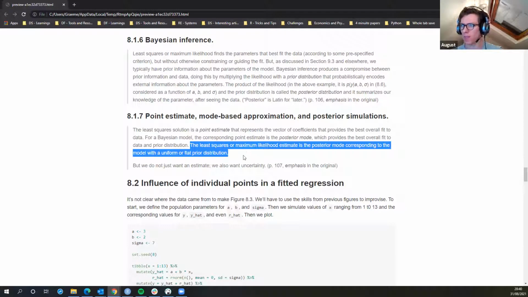It doesn't consider any variation, and there's no variation across the error terms when you use a point estimate? I think it's just saying that if you use the flat prior, the answers are equivalent.